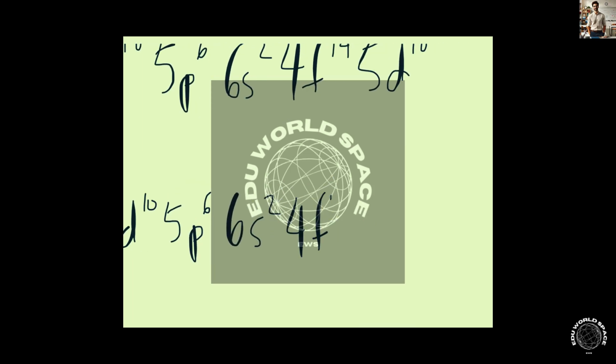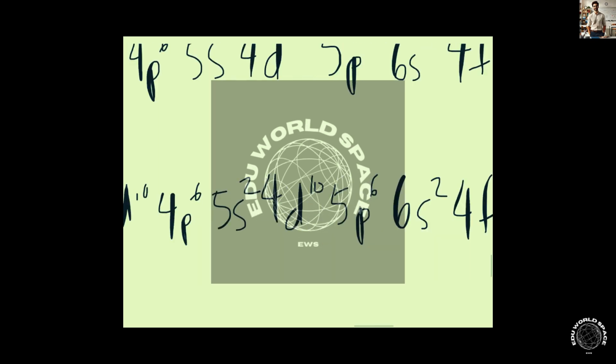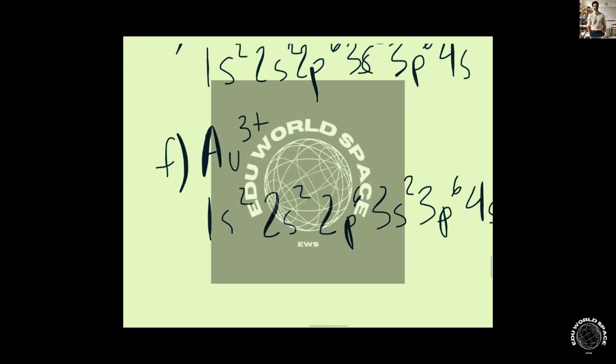Again, we'll do our 6s2 orbitals. We'll fill our 4f orbitals, 4f14, okay? And normally, if it was gold, we would go to 5d9, but we've actually lost 3 electrons. So instead of 5d9, we'll go to 5d6. And that's not a noble gas configuration.